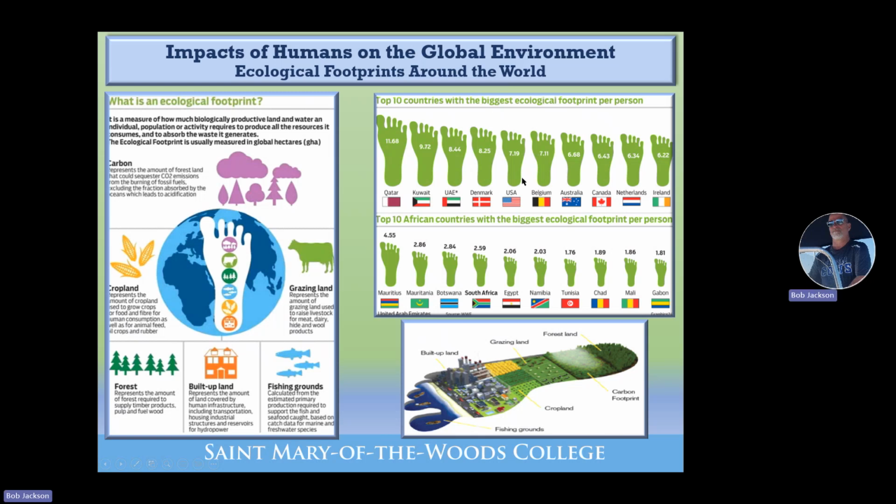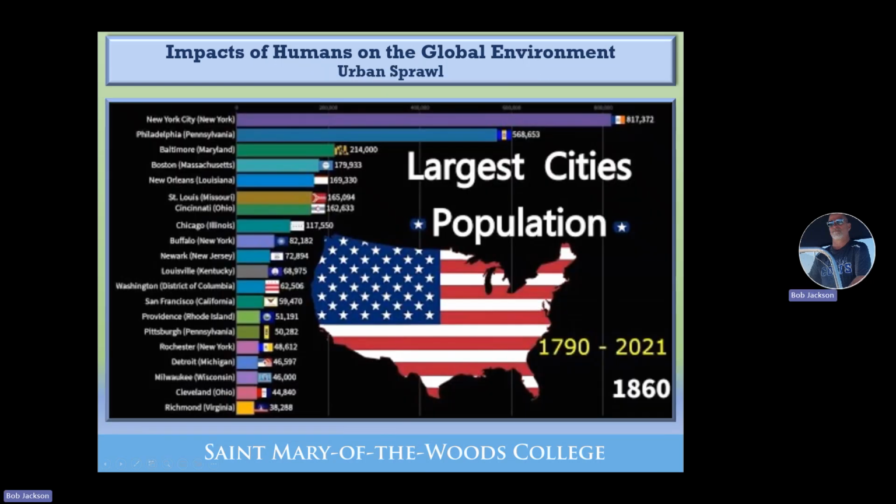Okay. Then down at the bottom is just taking a look at the African countries. And actually, most of the African countries are better at this than we are. They're pretty good about using their own resources. Okay. Now then, of course, all this comes about because of our large cities.